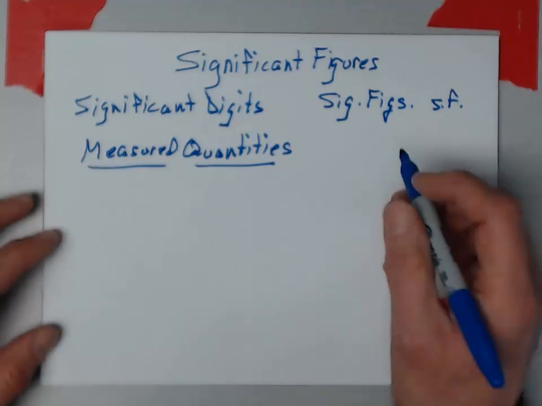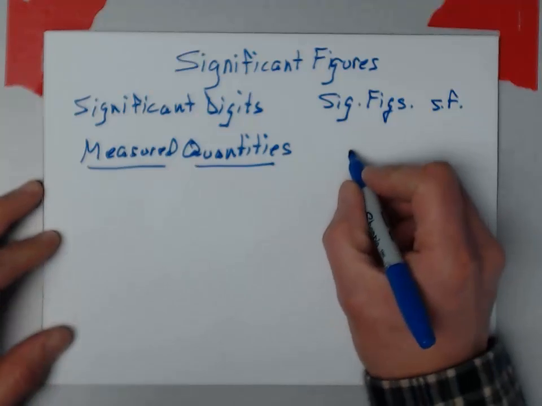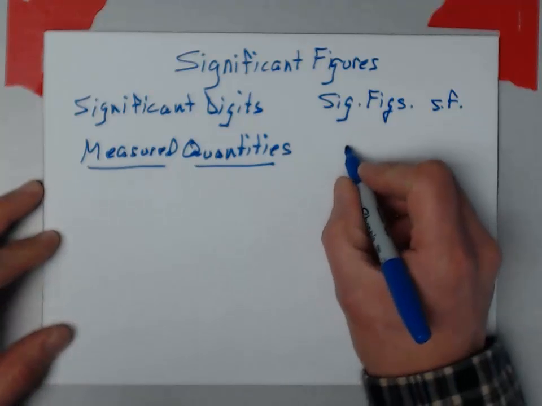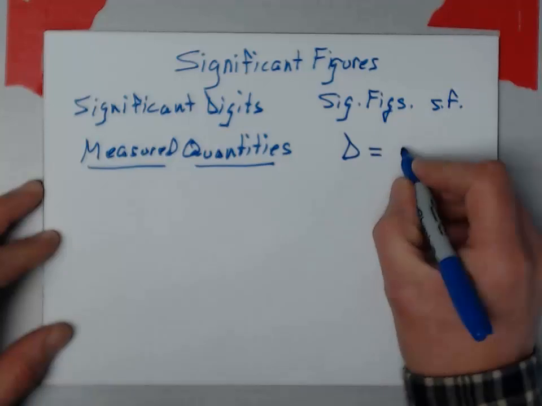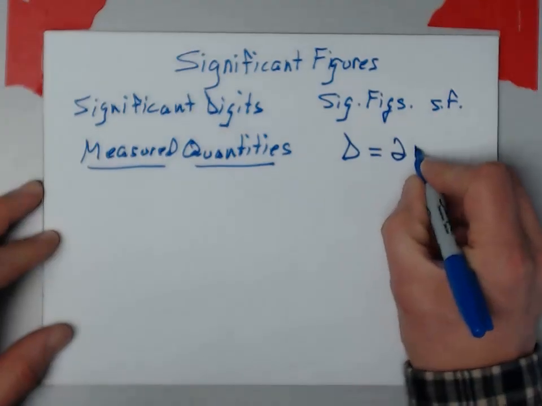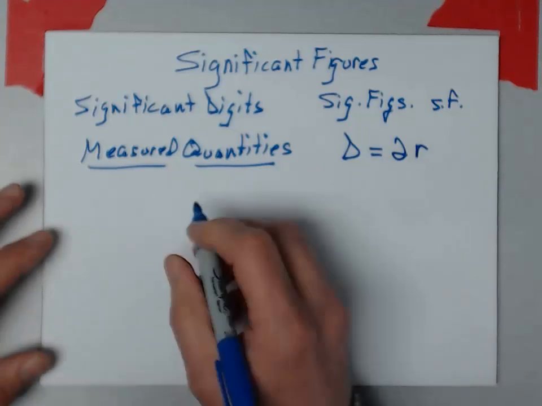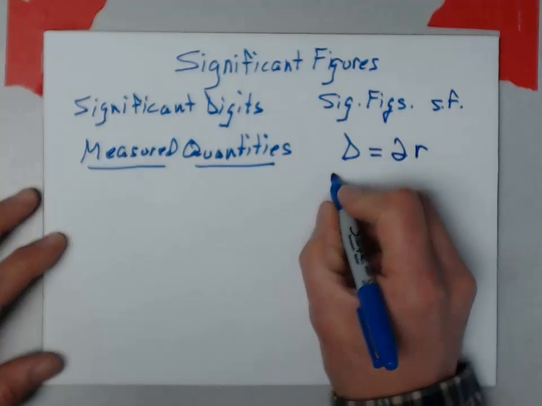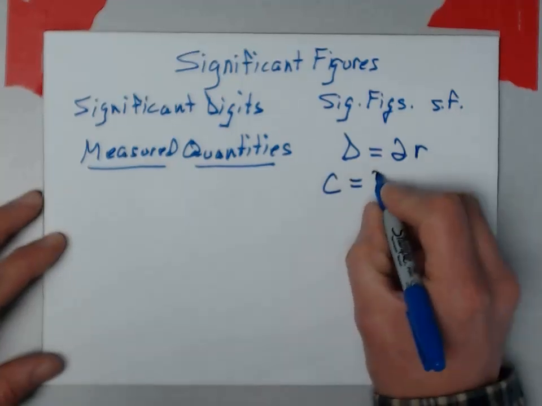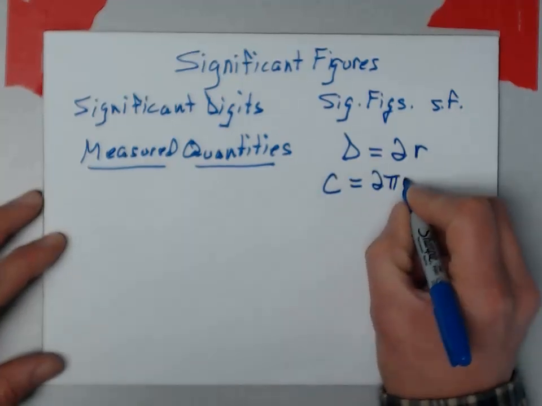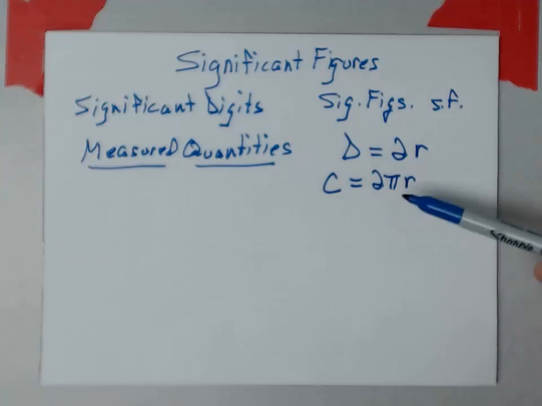For instance, if you're concerned with the diameter of a circle, you can say the diameter is equal to 2 times the radius, and that 2 there happens to be exact. If you're interested in the circumference of a circle, the circumference is 2 times pi times the radius, and the 2 and the pi are considered exact.